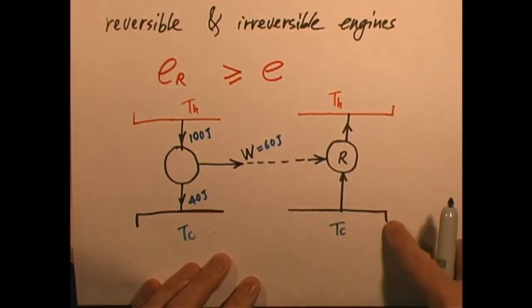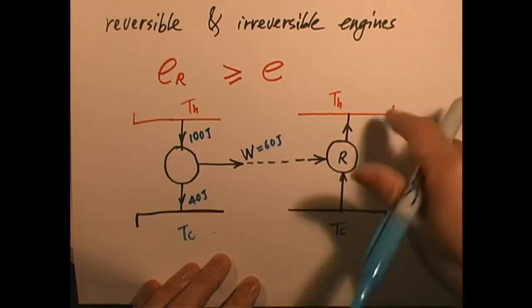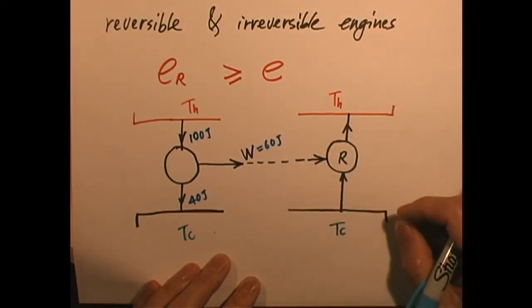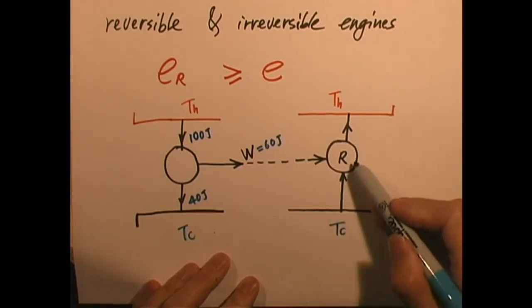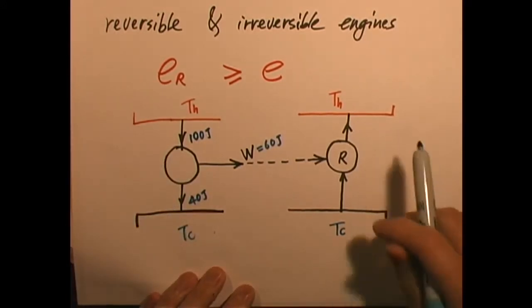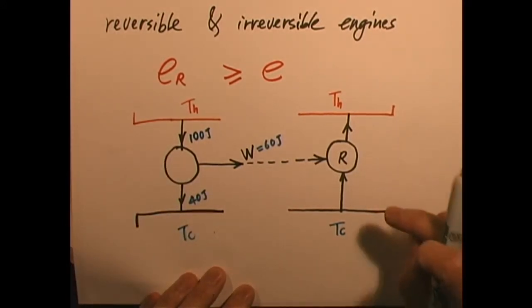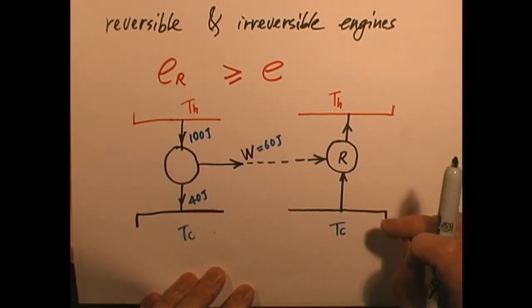And then here you have a reversible engine operating between the same two temperatures, which I am now operating backwards, as a refrigerator. Let me assume that this reversible engine has a lower efficiency than the other engine. What I want to show you is that this assumption is not true because it violates the second law of thermodynamics.